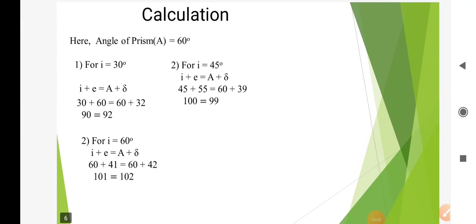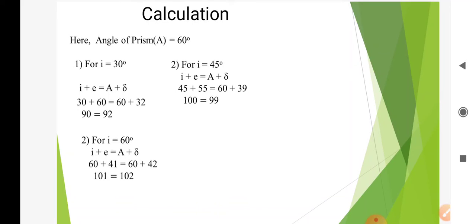Now the calculation part, here we are using that equation, and we know the angle of prism is 60 degree. So for i equal to 30 degree, we know the equation that angle of incidence plus angle of emergence is equal to angle of prism plus angle of deviation.